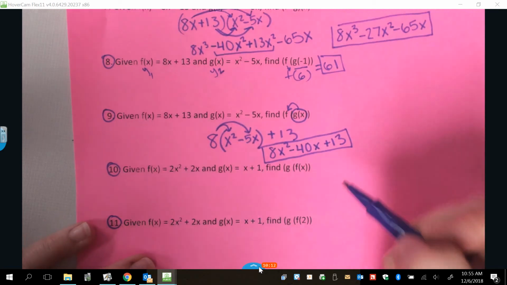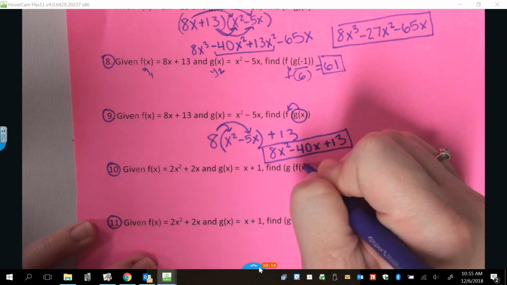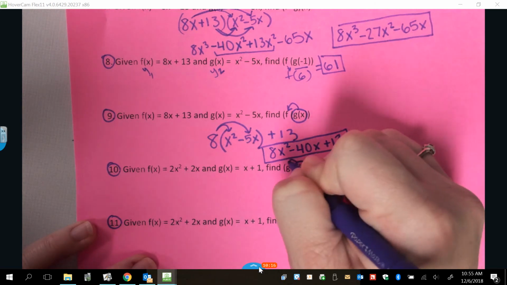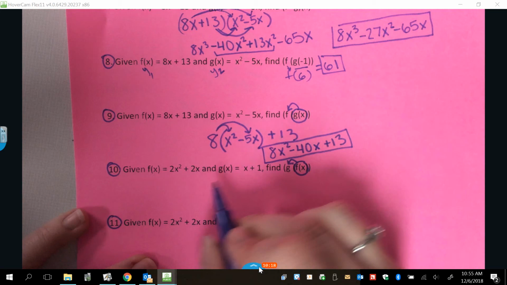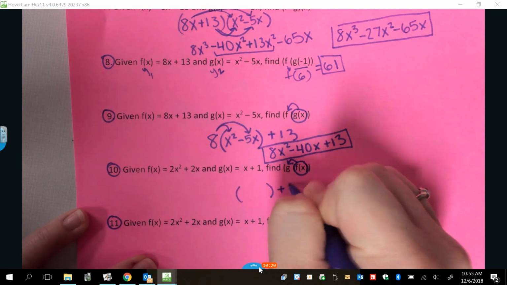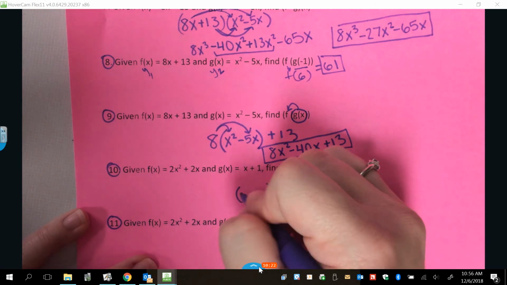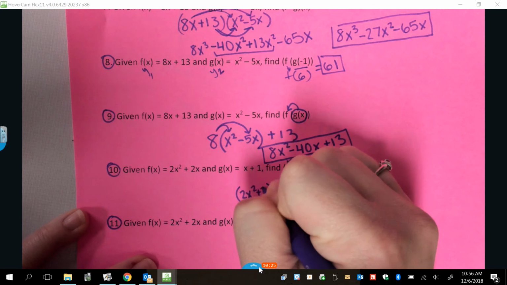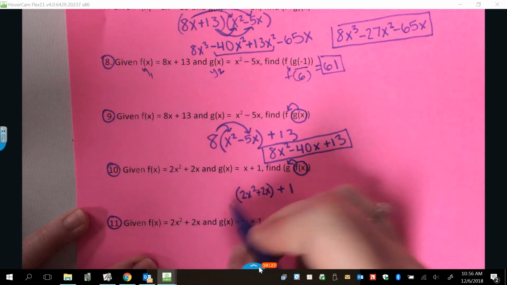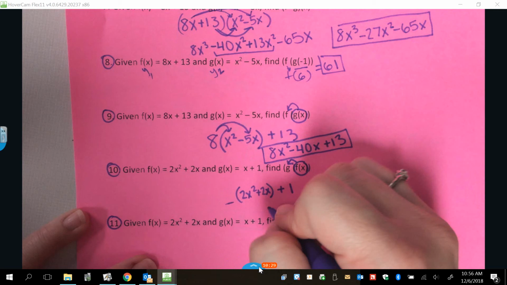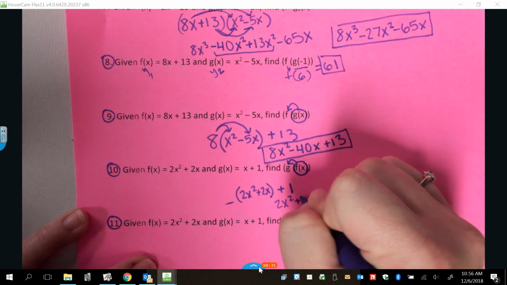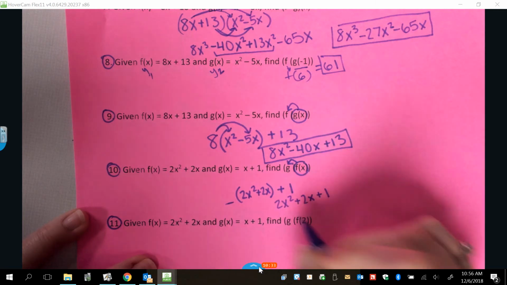Okay, here again, I'm finding an equation because there's an x, so I'm putting f of x inside of g of x. So g of x is blank plus 1, and f of x is 2x squared plus 2x. Now, I don't need the parentheses because there's nothing in front, so I get 2x squared plus 2x plus 1, and nothing can combine.